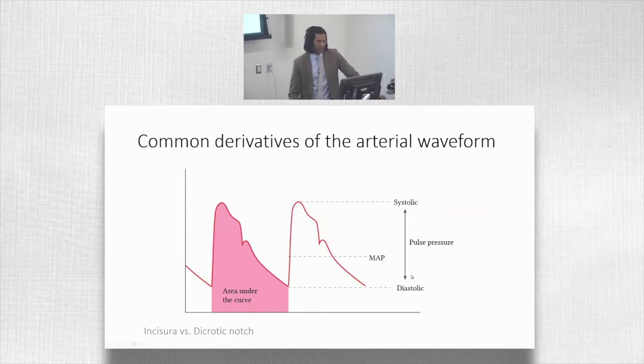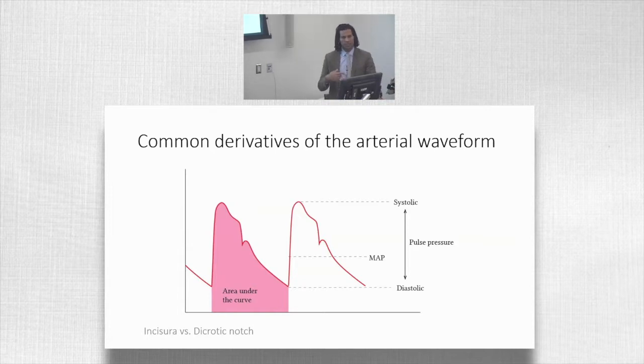So I wanted to make, as a quick detour, a point about the difference between what we call the dicrotic notch and what that actually represents, and what's called an incisura. So people, what is the dicrotic notch? Does anyone know? Aortic valve. So that's actually classically what's talked about, but it's dependent upon where your pressure monitoring line is.